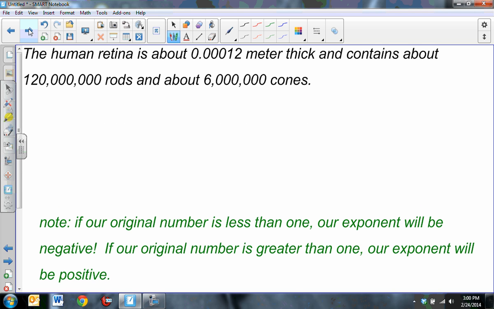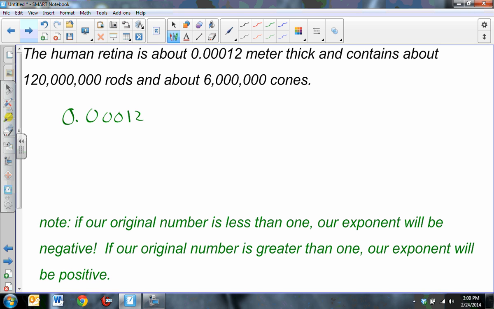We're told something about the human eye here, that the retina is about 0.00012 meters thick. So we want to turn that into a number C, which is between 1 and 10, times some power of 10. Okay, so let's write it over here. So can you find the number in this number that's between 1 and 10?